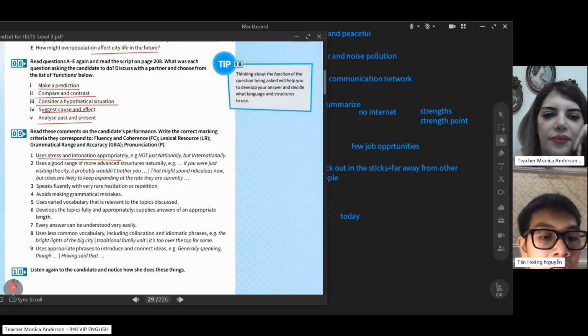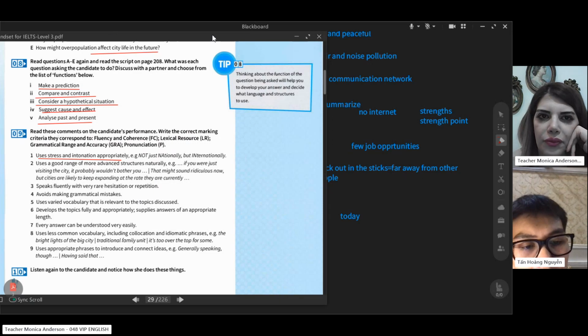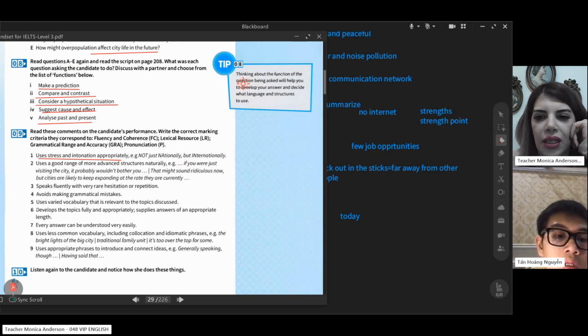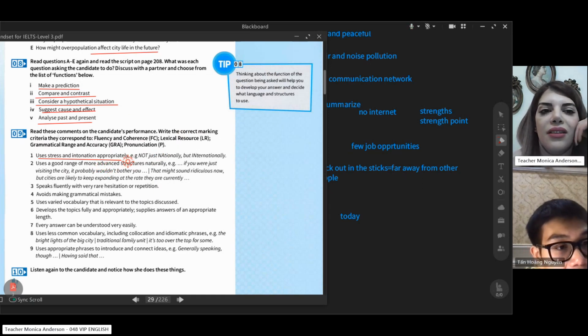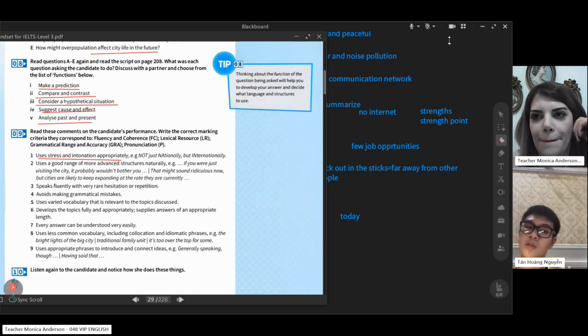Uses stress and intonation appropriately. Example: not just nationally, but internationally. Can I have a question? Of course. Is stress and intonation the same meaning? No.